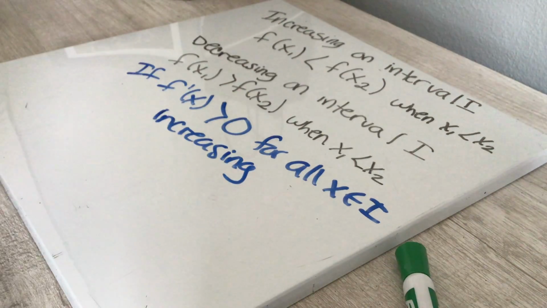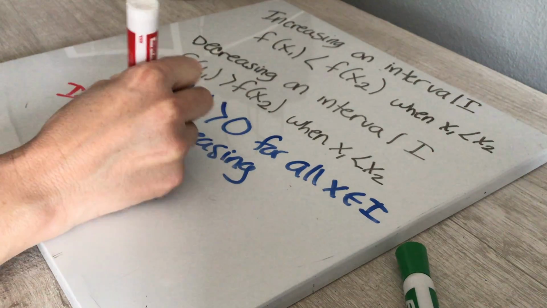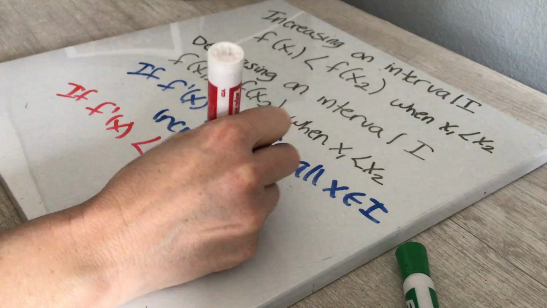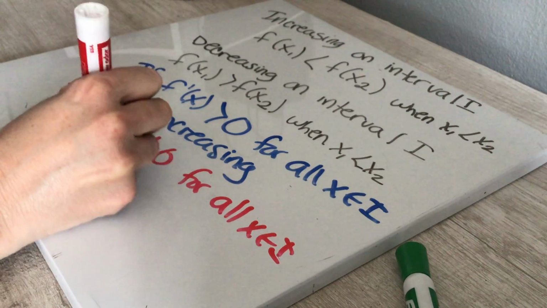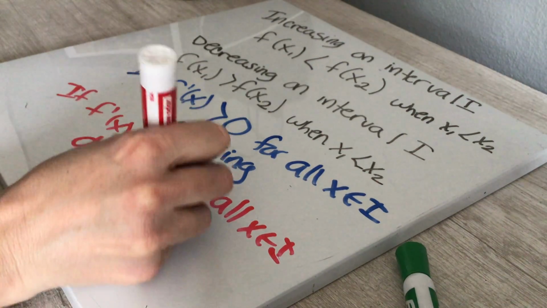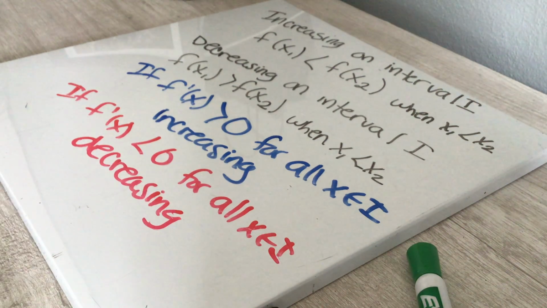The opposite is true for a decreasing function. So if the derivative is less than 0 for all x in your interval, then we say it's decreasing, without having to look at this definition. So you look at the derivative now instead of the function itself, okay?